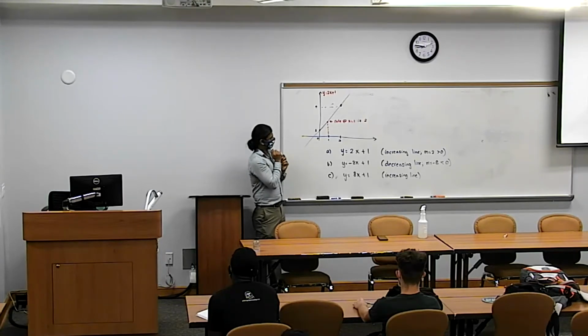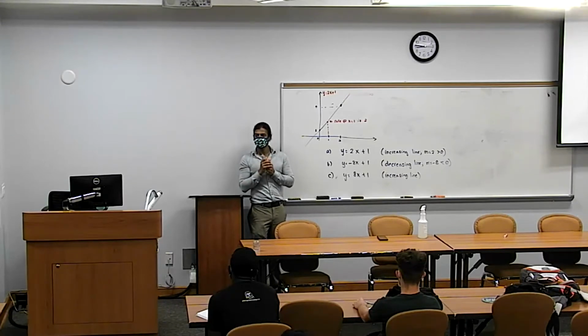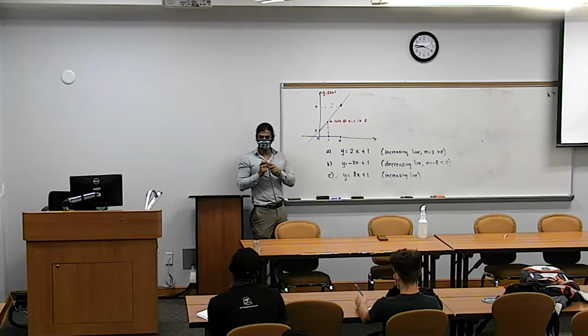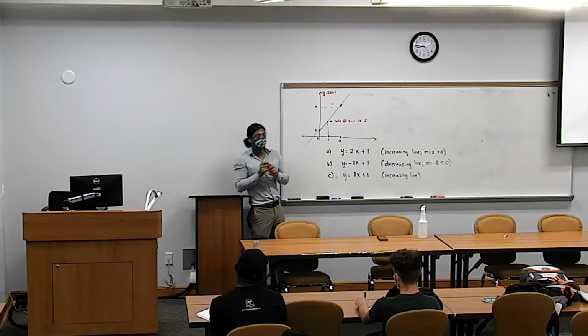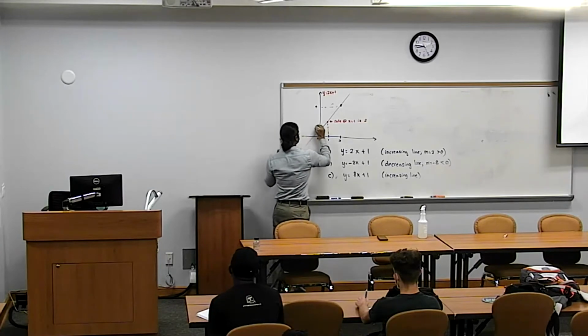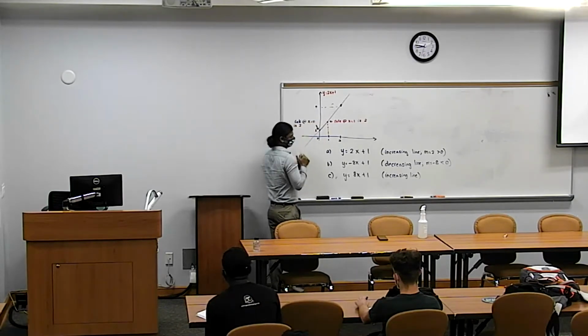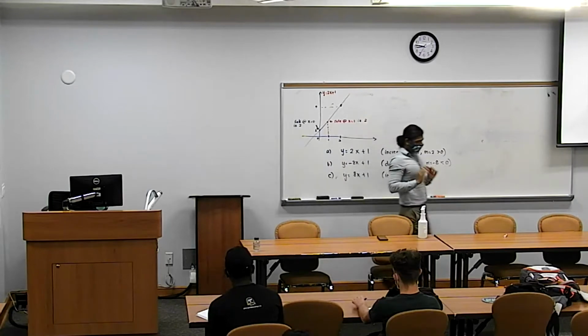Okay, any other answers? Is it still 2? Yeah, because the line is still going. Right, what is your name? Connor. So Connor says it is still 2. He is correct. It's increasing at the same rate.